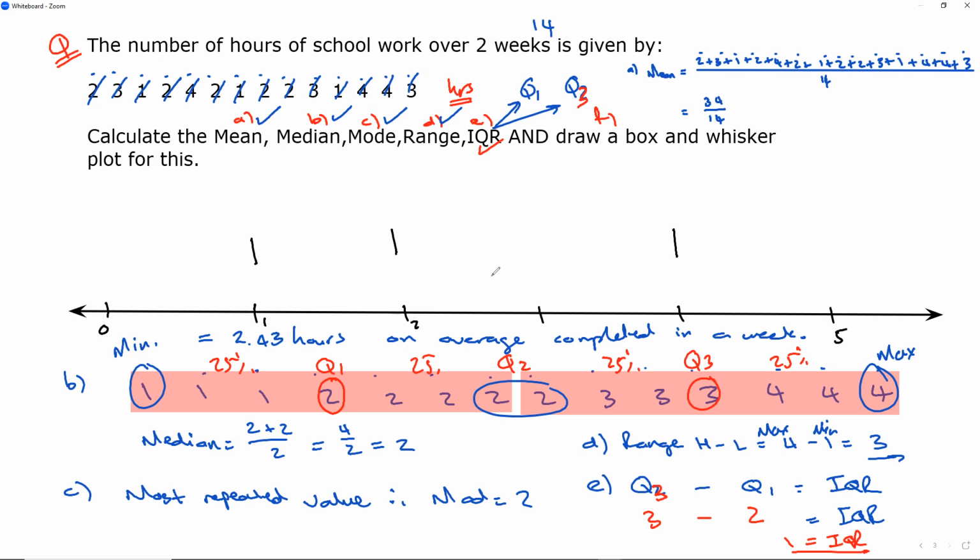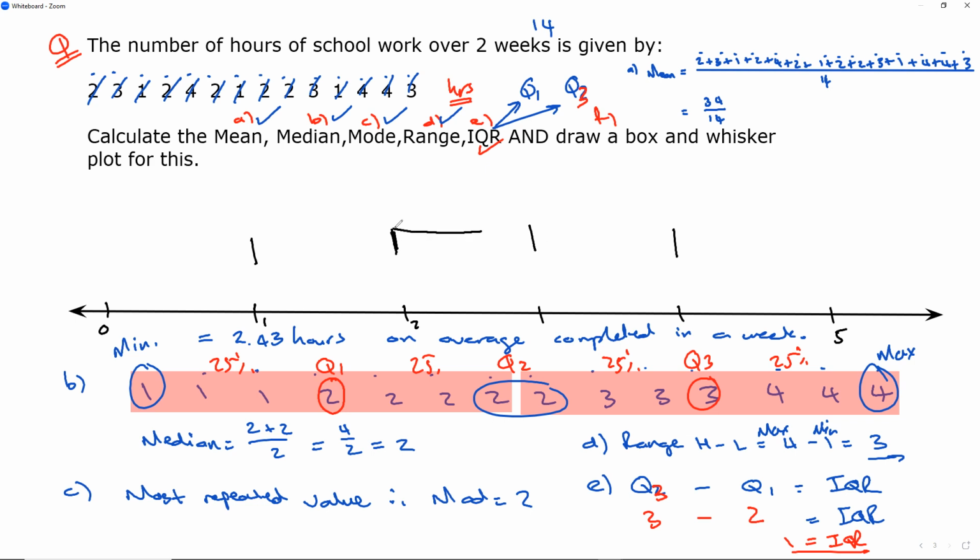My lower quartile is going to be Q1, which is 2, so my lower quartile is on top of my median. And my upper quartile is at 3, so that's over here.